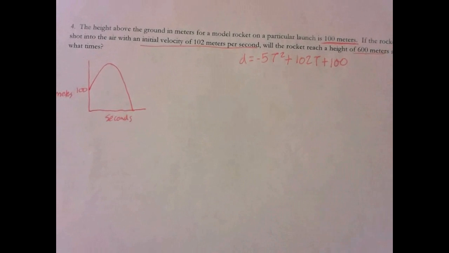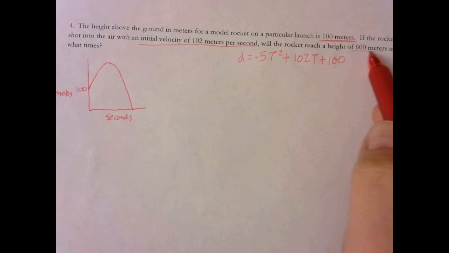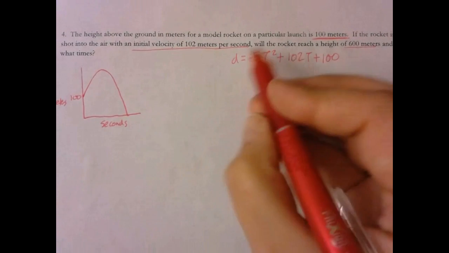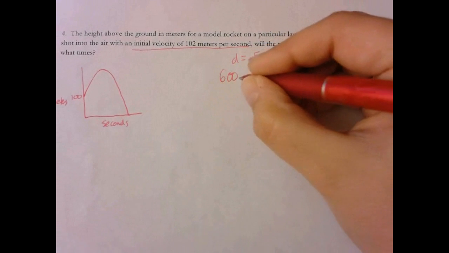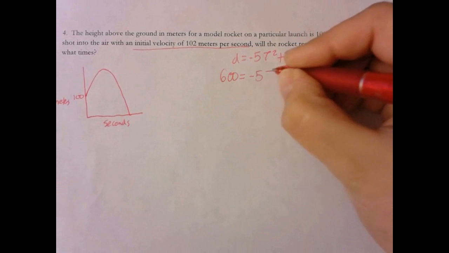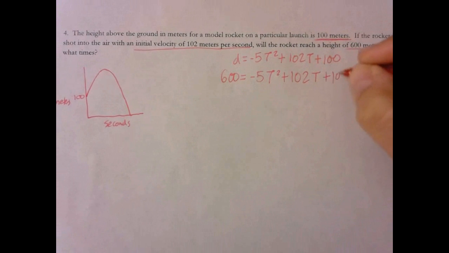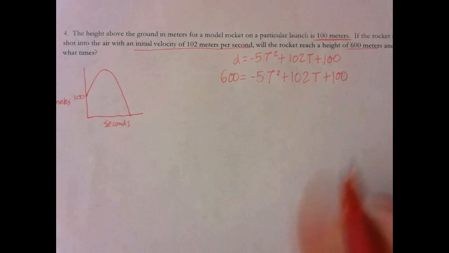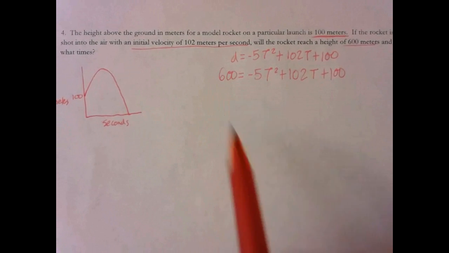So let's see if we can get this figured out. Now, we want to know about a height of 600 meters. So that means our distance up is 600. So I'm going to rewrite it, but with d equal to 600. Awesome. This is almost in standard form, but notice standard form has to equal 0.